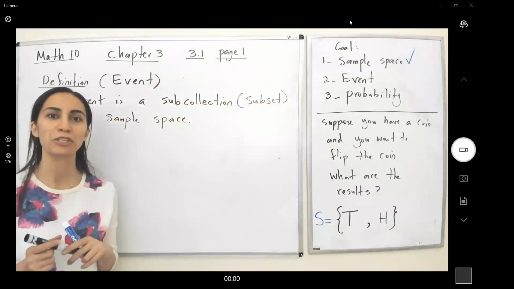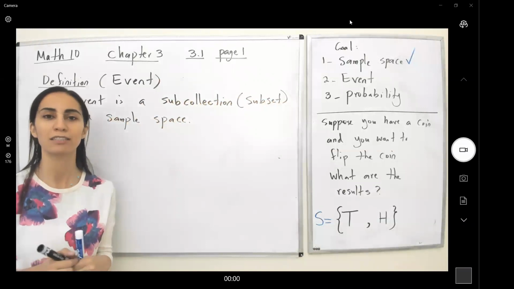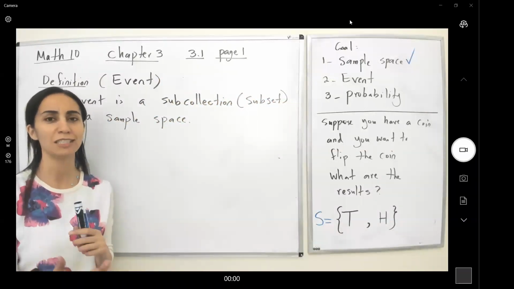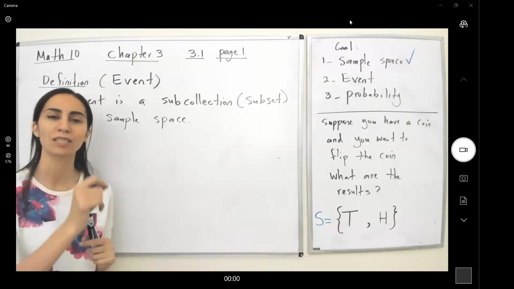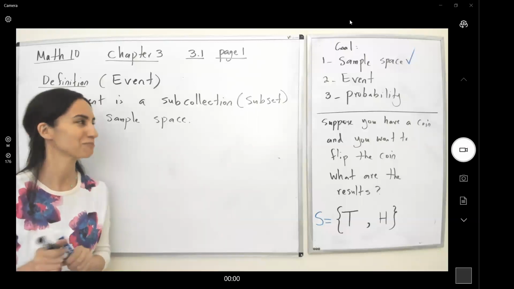We usually denote events by capital letters E, F, A, or sometimes we use indices.